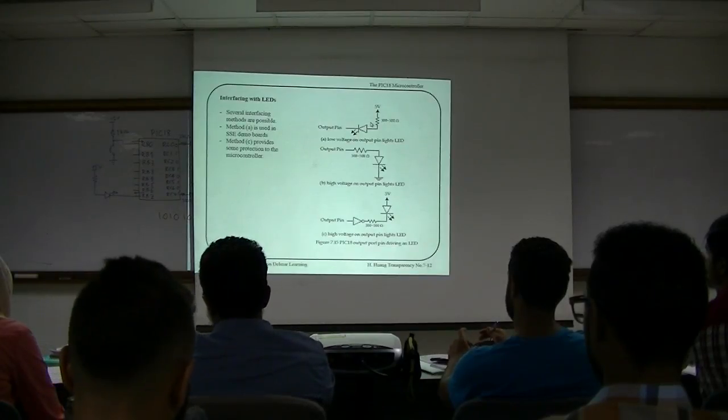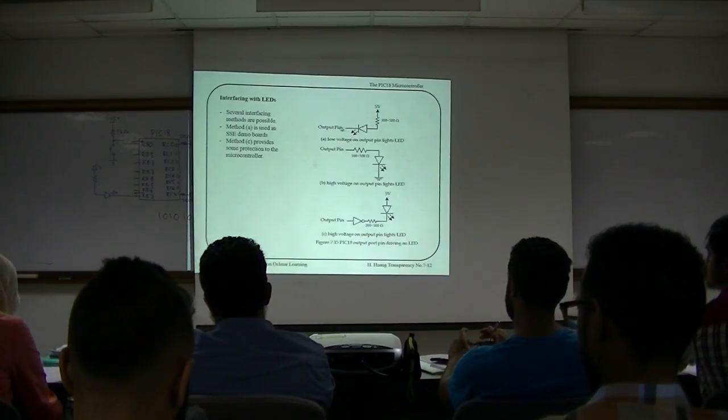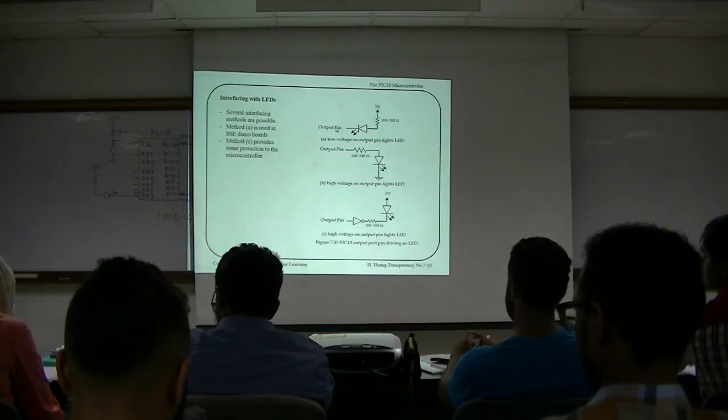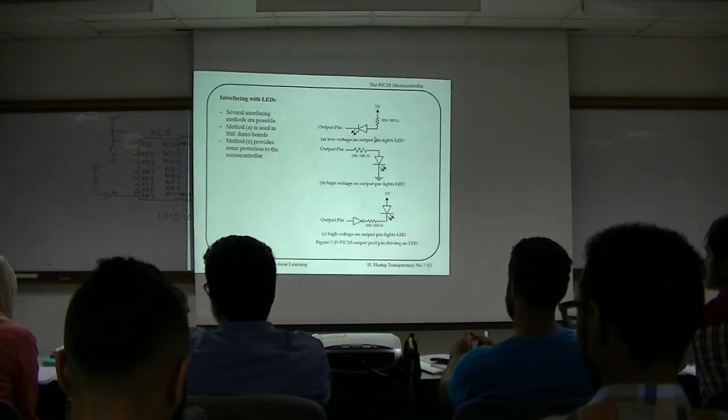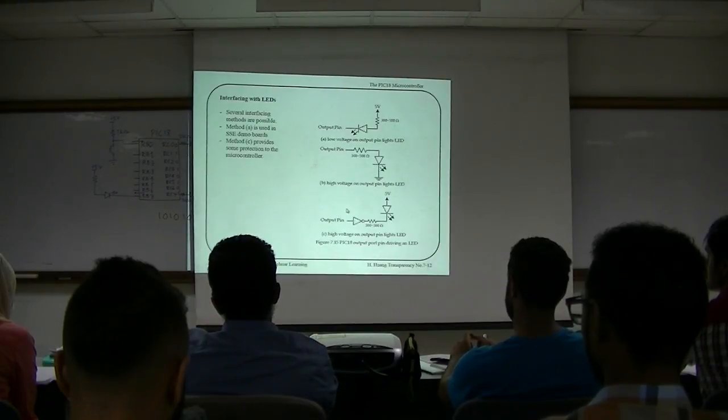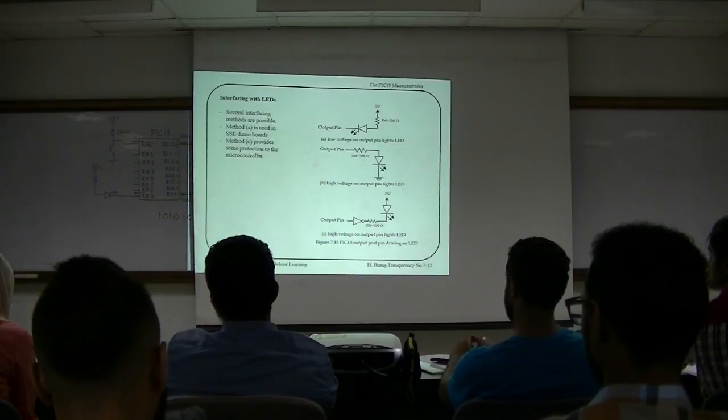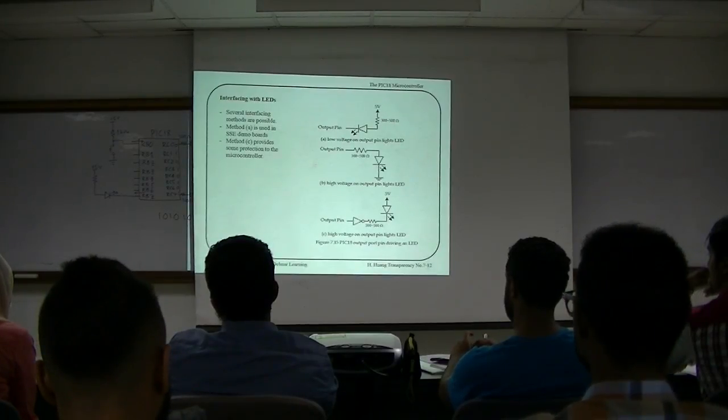So in the test, whenever you want to decide what the output pin value should be, study the schematic first. If the schematic is like this, to turn on I should give logic 0. If this one, I should give logic 1. If like this, I should give logic 1. So study the schematic first before deciding the output pin value. Is that okay?